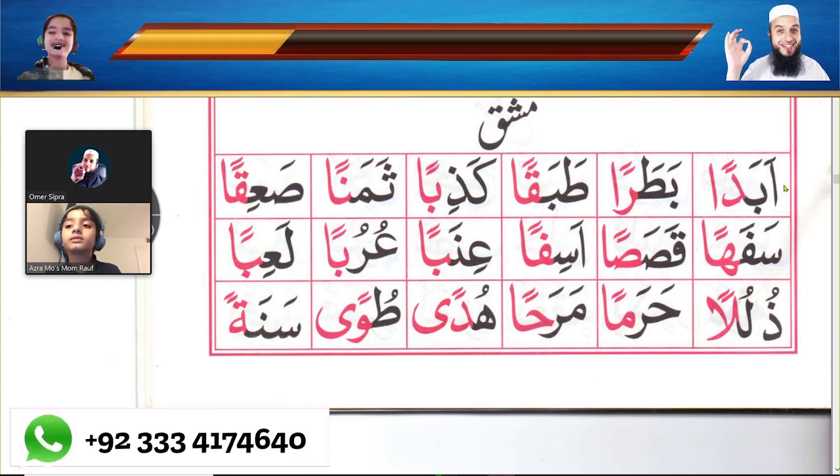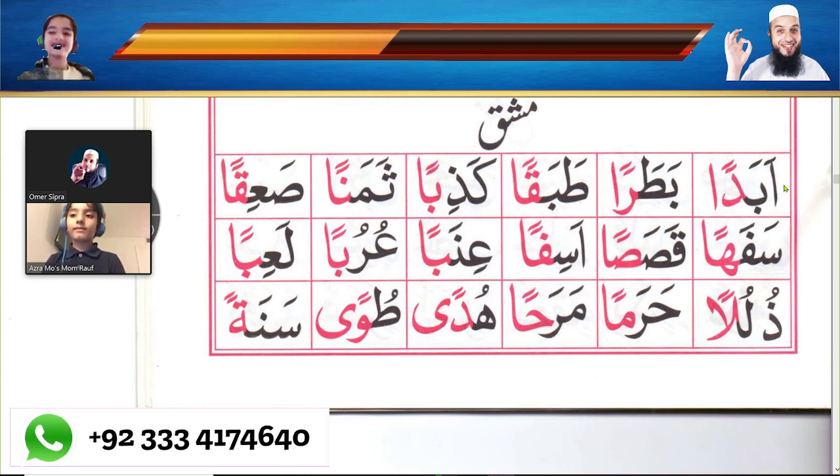Abadan, batoron, tabaqan, kadiban, thamanan, sa'iqan. Try to read it like this, at the same time. Try to read as I have read.